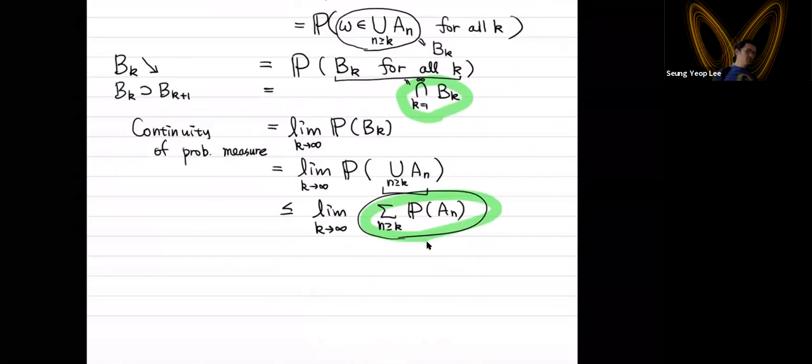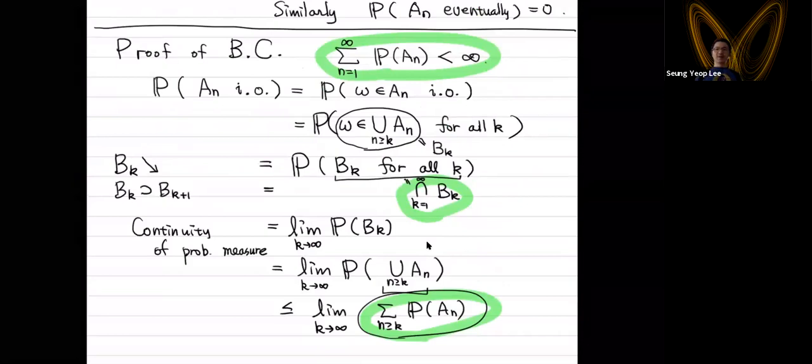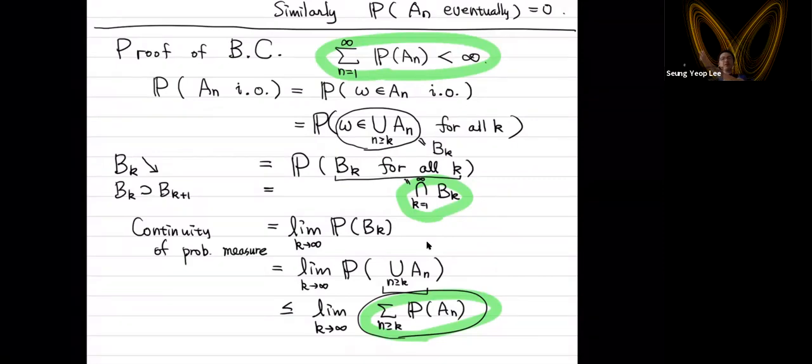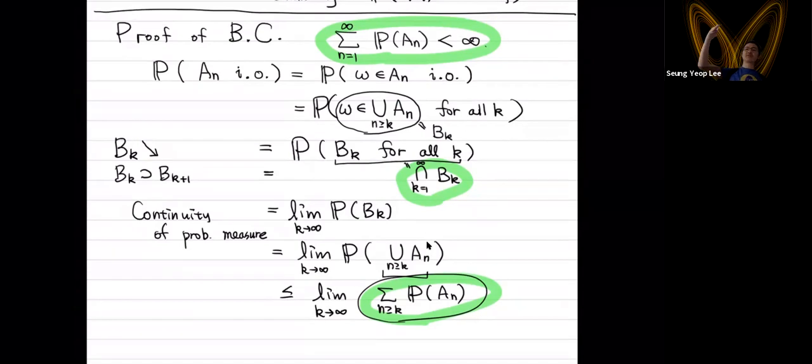If the full summation is convergent, then this truncated summation, which is only the summation of the infinite tail, must get smaller and smaller if you start from a later term. If you start from the later sequence, those summations must get smaller and smaller, going to 0.